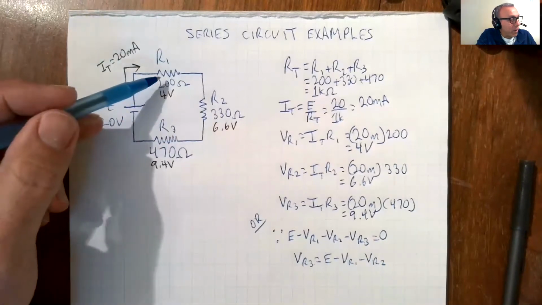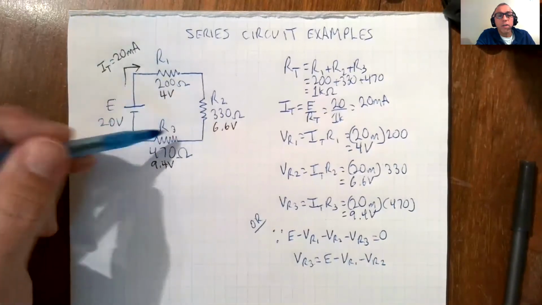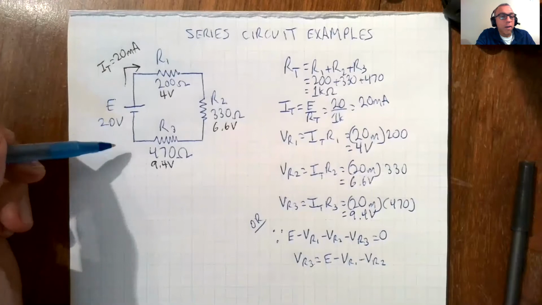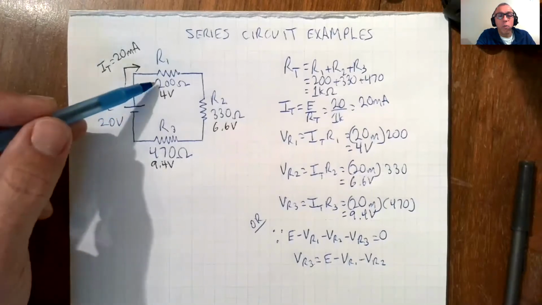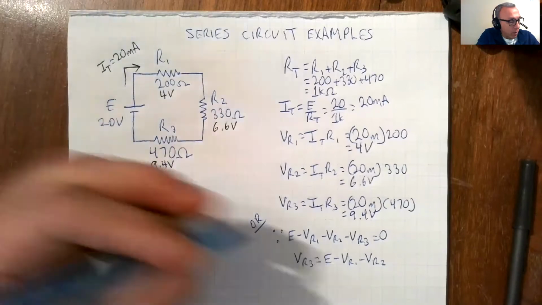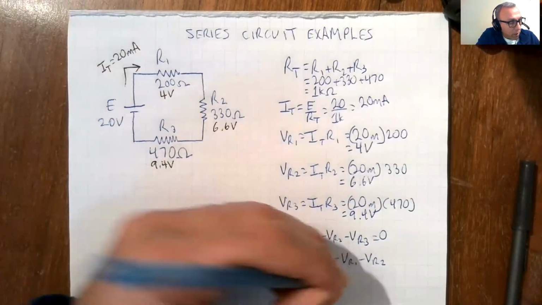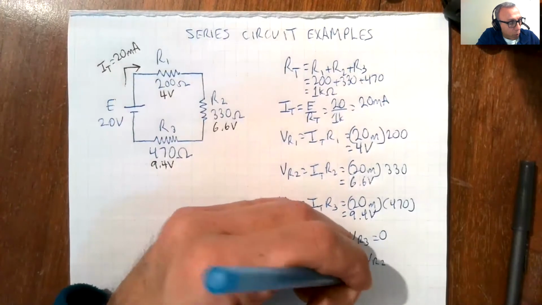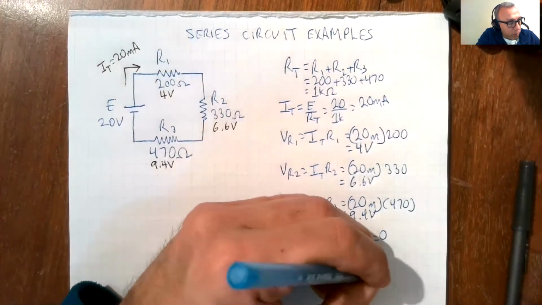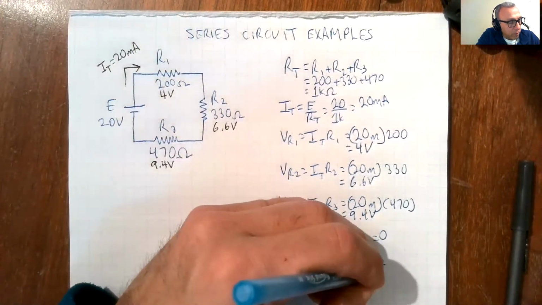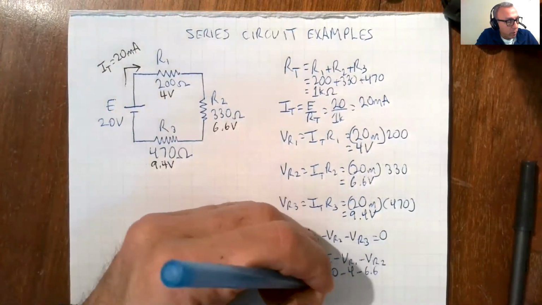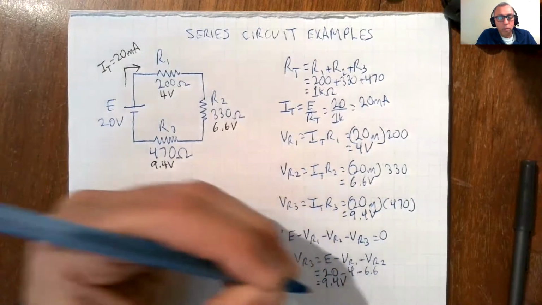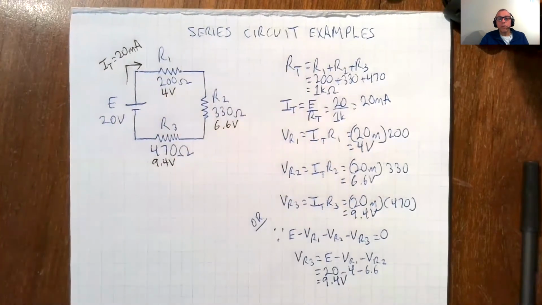If we know the sum of the 3 resistor voltages is equal to E, then the voltage across R3 would be E minus VR1 minus VR2, okay? Which would be 20 minus 4 minus 6.6, which gives us 9.4. All right? So just another way of doing it.